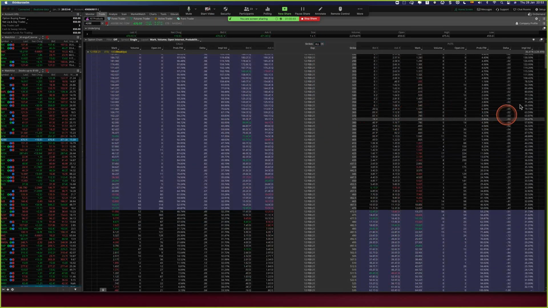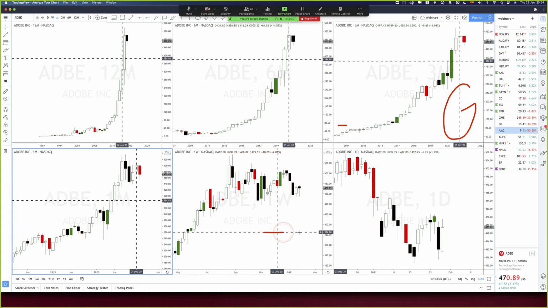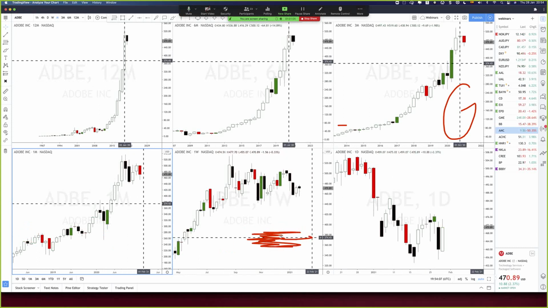You will see open interest. Where? Look at that. 385. That means 385, 390, 395. So let's see where that price is. Look at that. There is liquidity right there, what I just said.